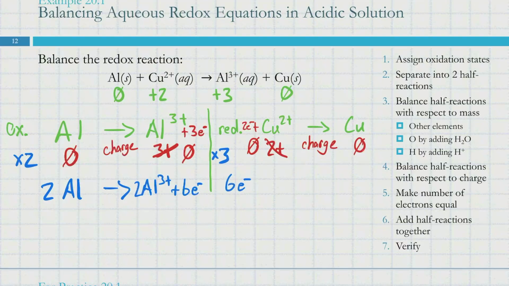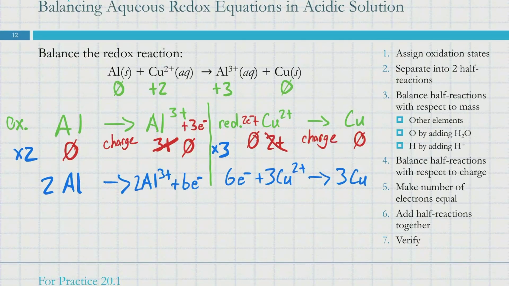So we'll have 6 electrons for our oxidation. We've got 6 electrons on the product side. On our reduction, we've got 6 electrons on the reactant side, so they're on opposite sides. They're the same number.